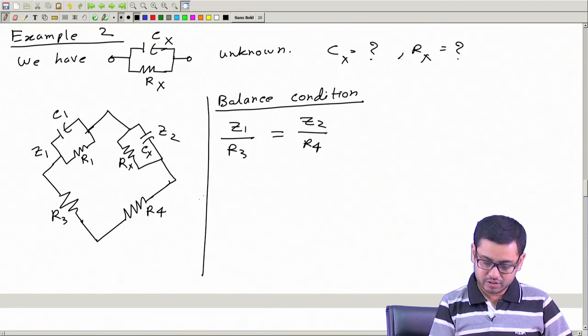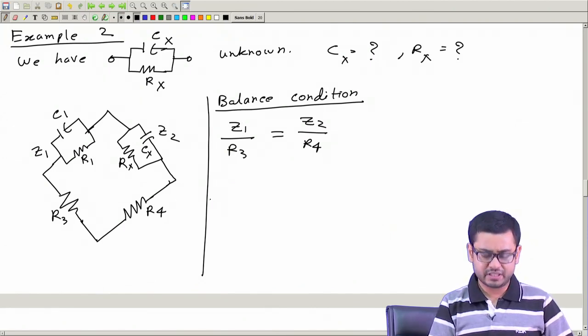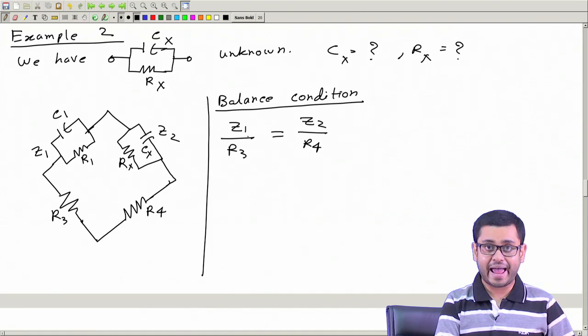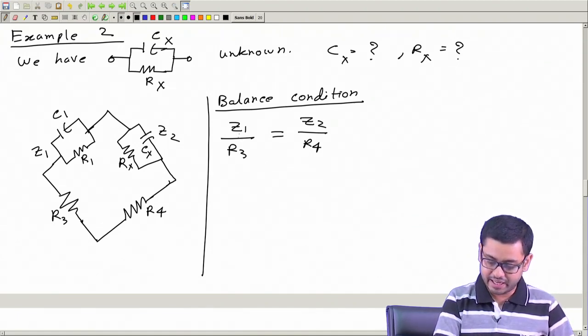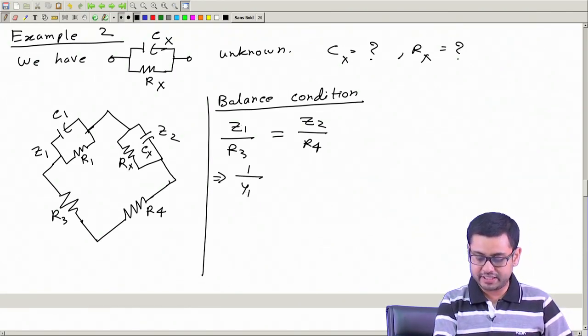Okay. Now, sometimes it may be easy to write the equation in terms of admittance instead of impedance. So, let us rather write this as 1 over y1. What is y1? It is 1 over z1. This is the admittance.